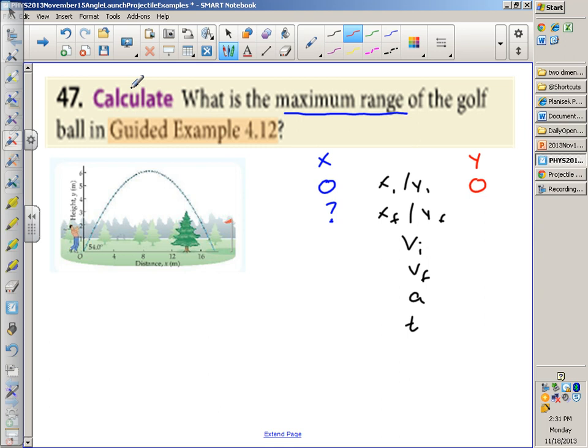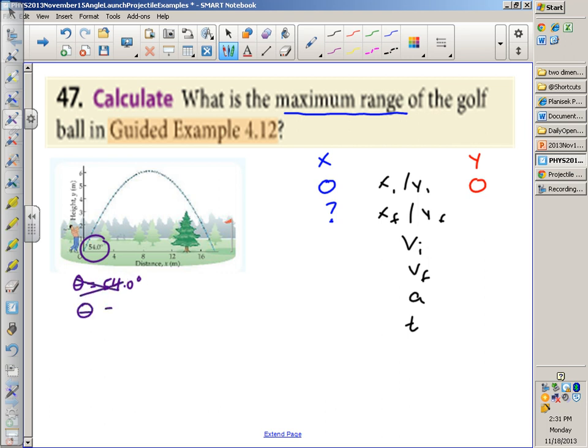So that's what we're looking for here. One other thing though. In this picture that I gave you, the launch angle was at 54 degrees. Is that going to give us maximum range though? We just talked about that: in order to give us maximum range, what does theta have to be?